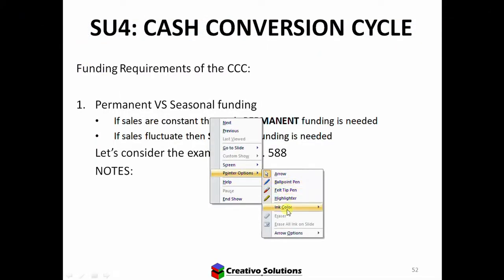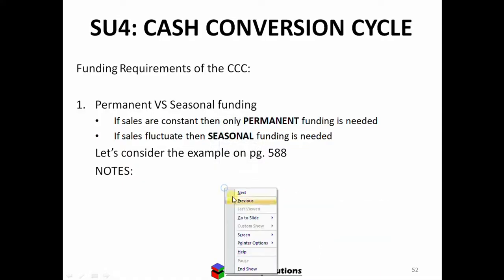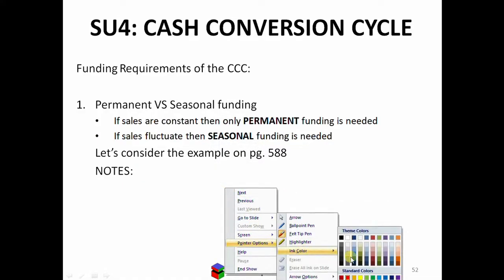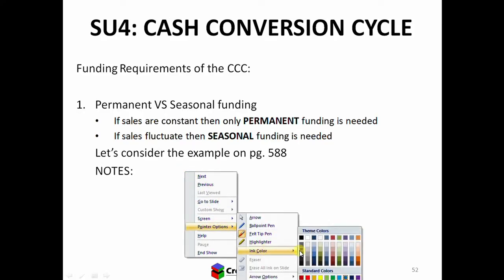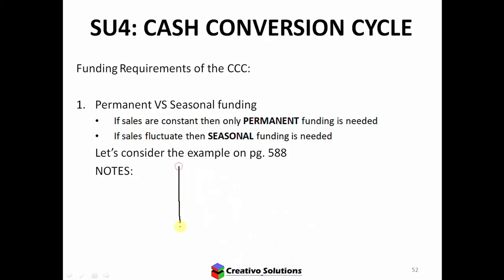The first thing we need to look at when doing a calculation looking at permanent funding, let me start with black and then I will insert the color. Obviously you've got time, so you'll have different months, maybe January all the way through to December.